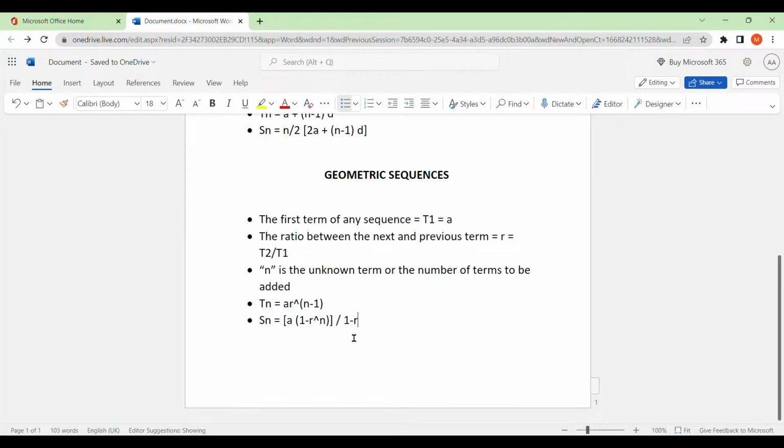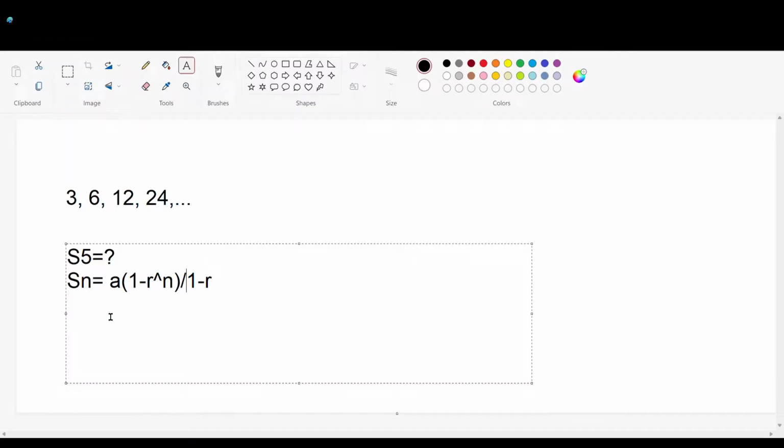The next formula, which is the sum of n terms of a geometric sequence, is equal to a times 1 minus r to the power n, whole divided by 1 minus r. So using the same example of the geometric sequence, we will find the sum of the first 5 terms of the sequence. So the sum of the first 5 terms is equal to a, the first term, times 1 minus r, the common ratio, which was 2, to the power n, which is 5, whole divided by 1 minus r.